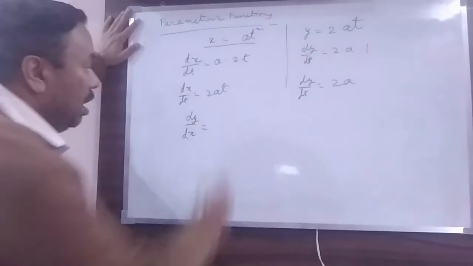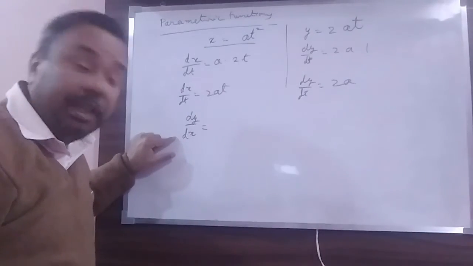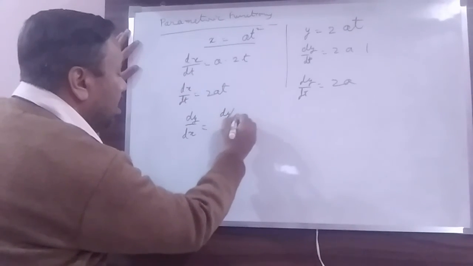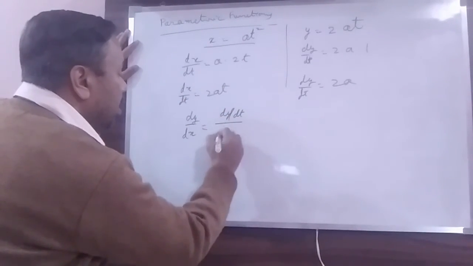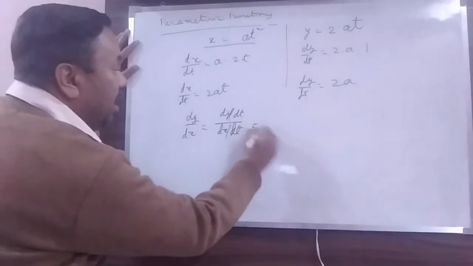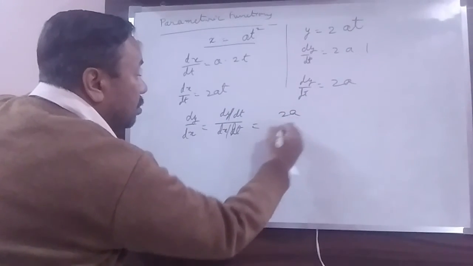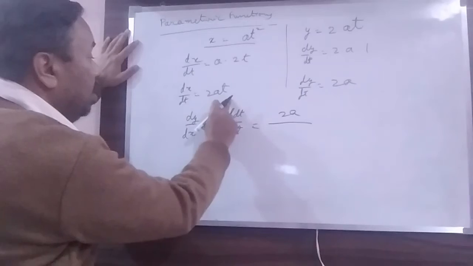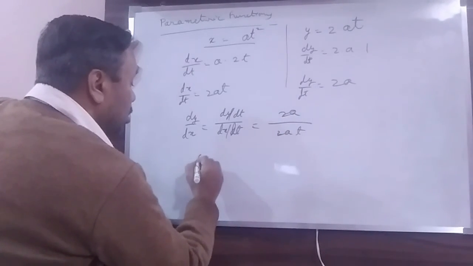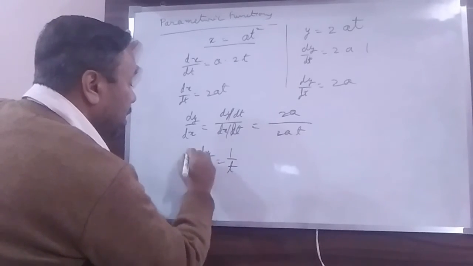As I said, I will divide both numerator and denominator by dt, the third variable. So dy by dt divided by dx by dt. dy by dt is 2a, and dx by dt is 2at. So these got cancelled, and dy by dx is 1 by t.